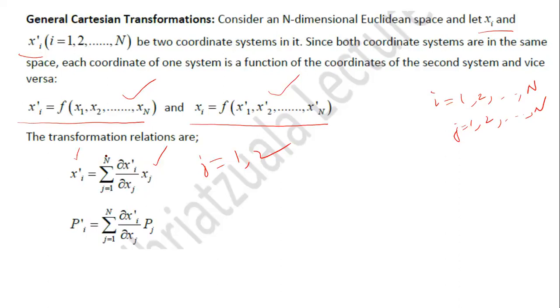And also we just observed that if pi and pi prime are the components of velocity, a vector quantity, in primed and unprimed coordinates, they will be related by this transformation relation.